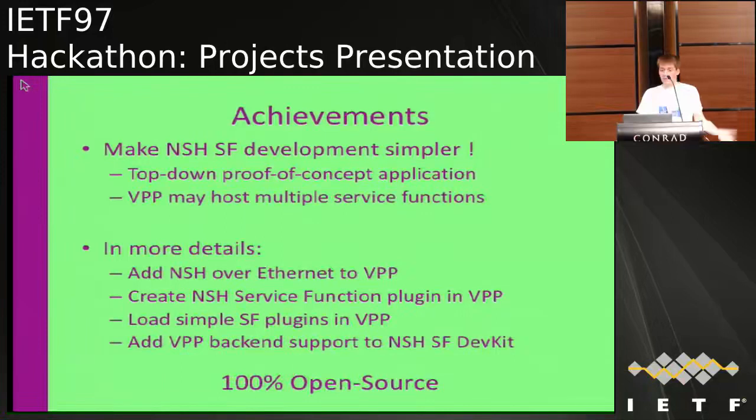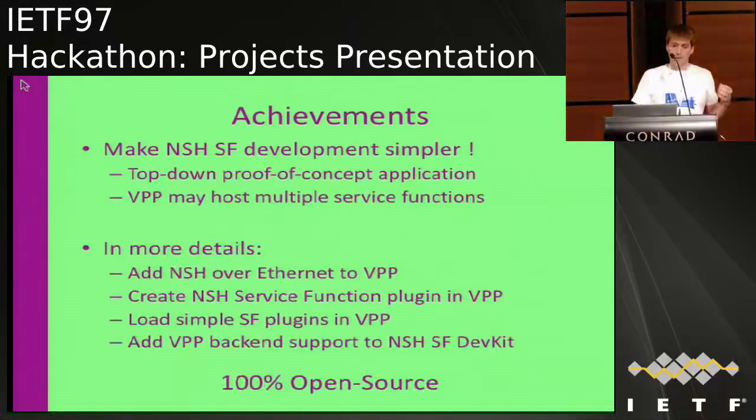Anyway, what did we actually achieve? Well, pretty much everything we set out to do. Yay. So we had our test applications running and working. VPP uses a shared library interface to load multiple service functions from its command line.